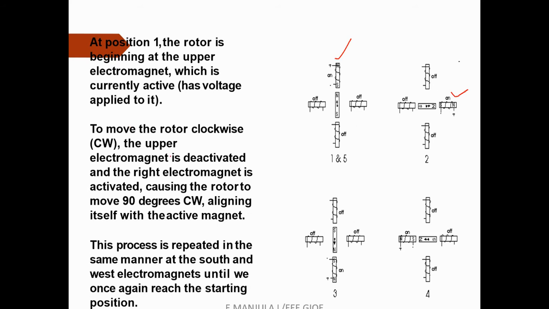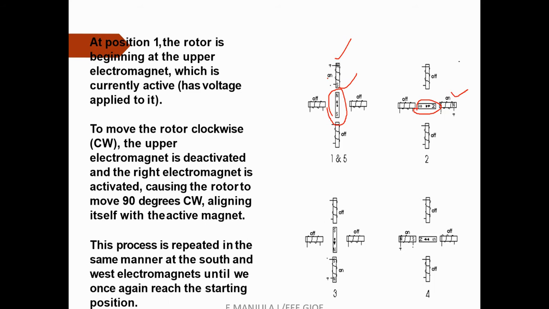The electromagnet is activated, causing the rotor to move 90 degrees clockwise, aligning itself with the active magnet. Here the rotor has moved, if you observe. At position 1, north and south poles are opposite poles, so they attract each other. Here a magnetic locking will occur.